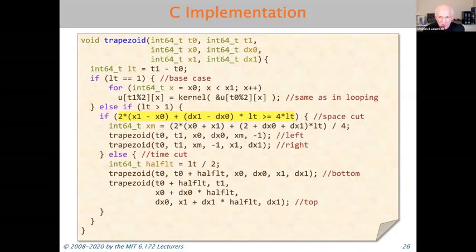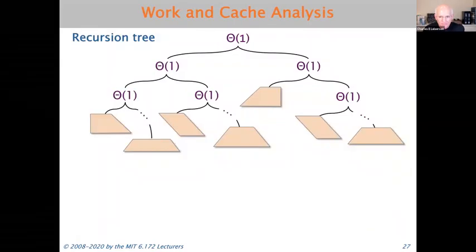Okay, so let's go on and analyze it. I'm not going to prove the bound formally, but the recursion tree, if you draw it out, the sketch as I've done here, shows all the important ideas of the analysis of work and cache misses.